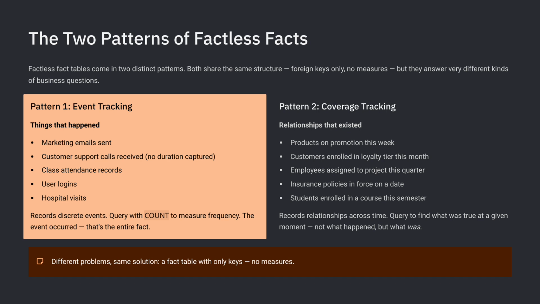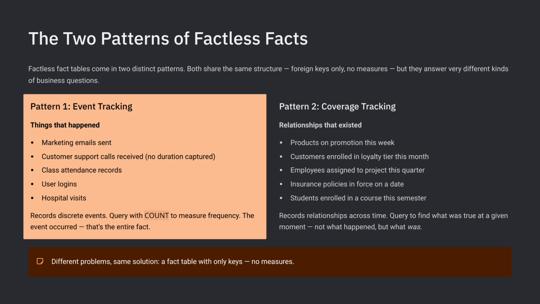Product 7820 was on promotion during the same week. Customer 4521 was enrolled in the Gold Loyalty tier in January. Employee Maria Schmidt was assigned to the Frankfurt warehouse project in Q1. These aren't events. They're stated facts about relationships.